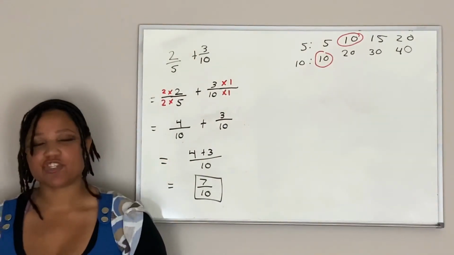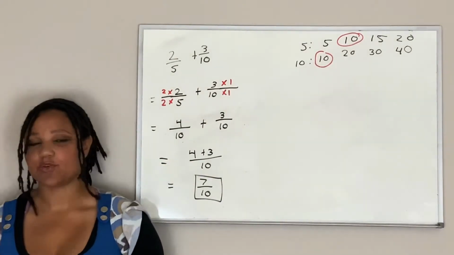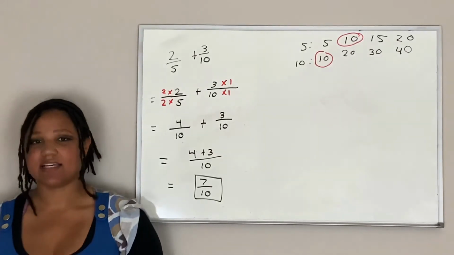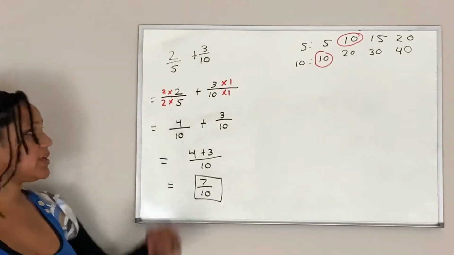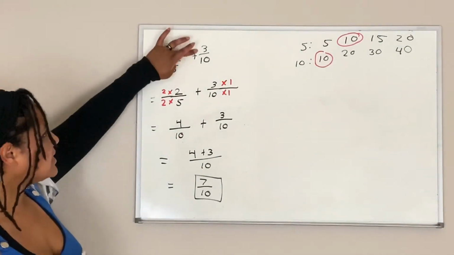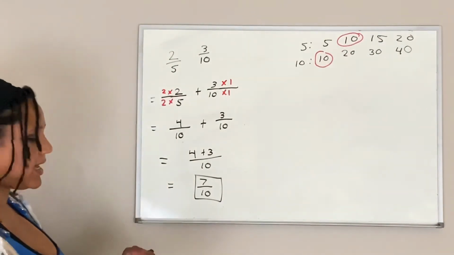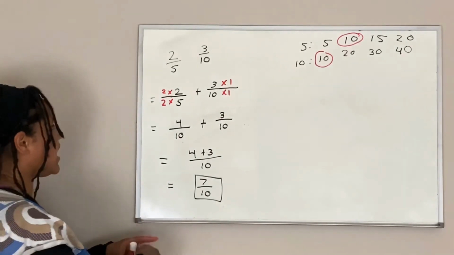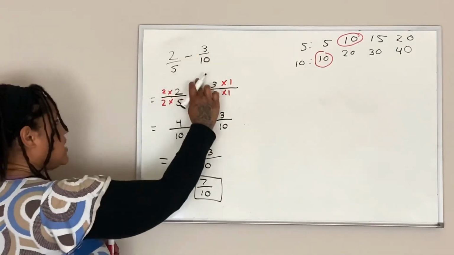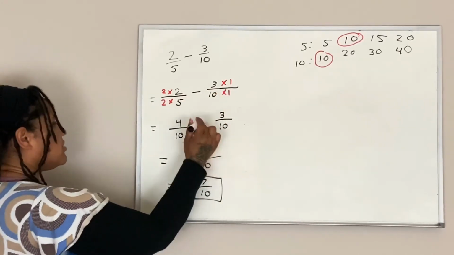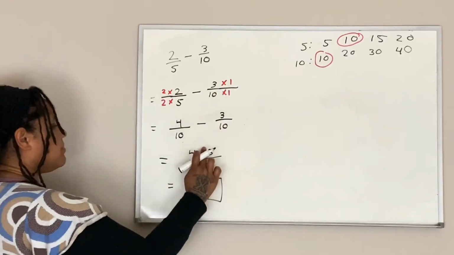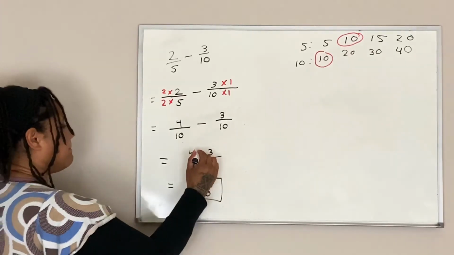Now, what if I were to subtract the fractions? Well, subtraction is the same. So if I were to use our same example here, and let's say that I change my example and give it a minus everywhere there was a plus.